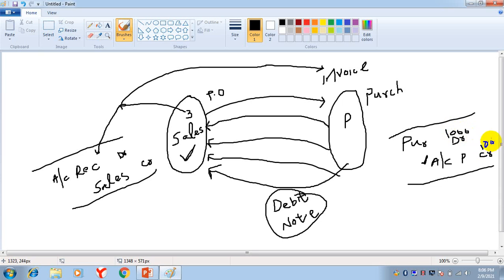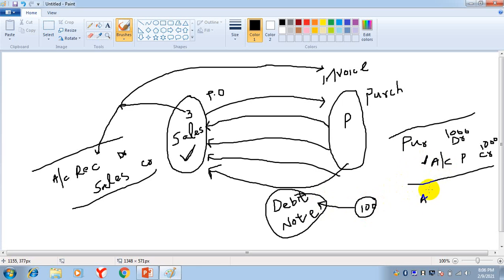Now, when goods are defective, he will write a debit note. Suppose goods whose value is $100 are returned. So with these returned goods of $100, he will write a debit note that debit my account with $100. Like this will be the entry.